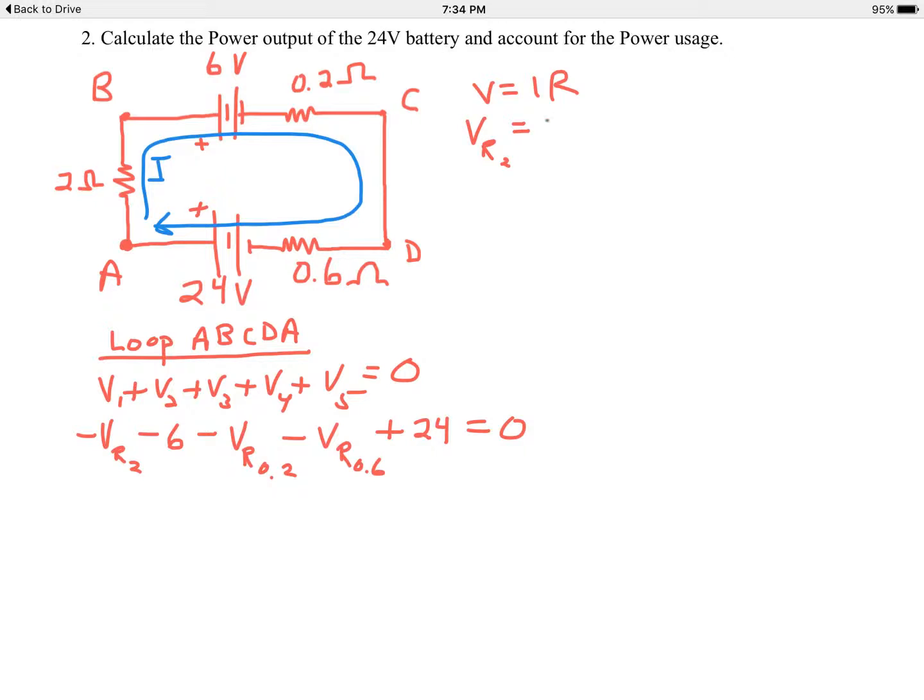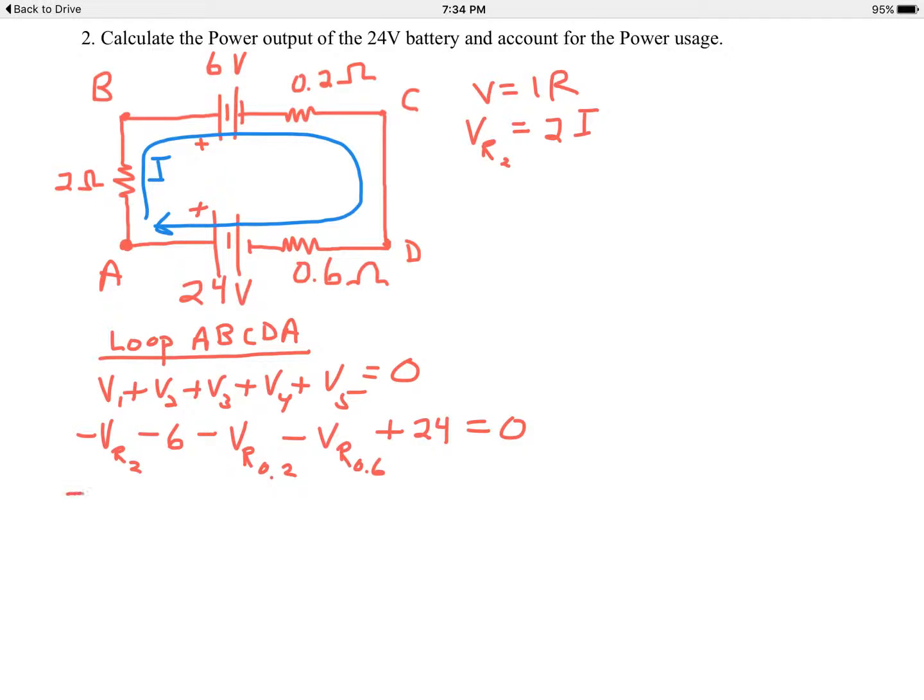So R is 2, and I'm just going to call that I. So it looks like that doesn't get us anywhere, but it does, as you'll see. The voltage for that resistor, the 2 ohm resistor, is its resistance 2 times the current I, unknown yet. Once again, I can put the R in front. So I'm going to plug that in right now, going back down to the bottom here.